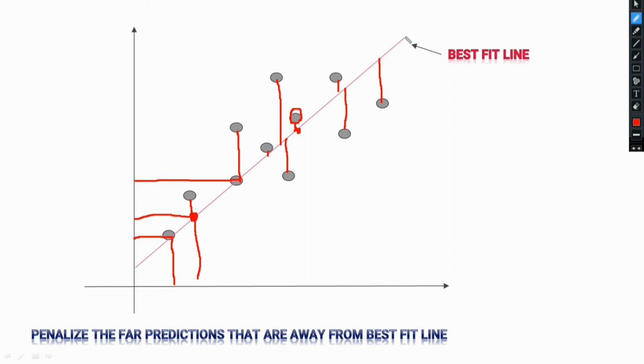The aim is to achieve the best fit line that fits all these points such that the error of our model is less, meaning the log loss value of our model is less, so that the actual value and the predicted value are close enough or equal.